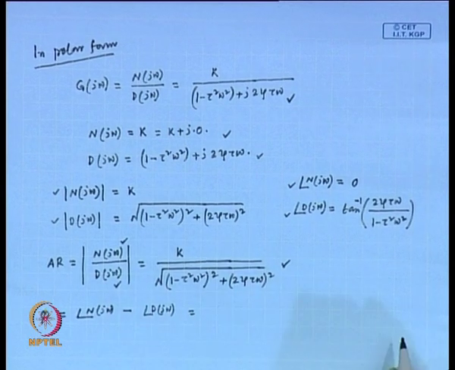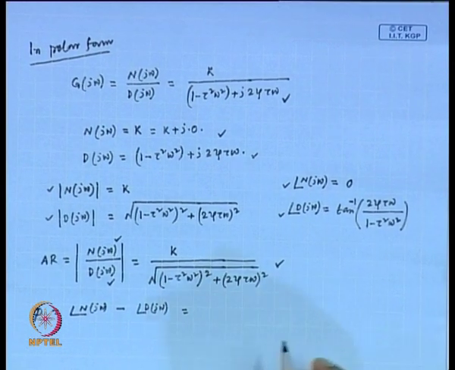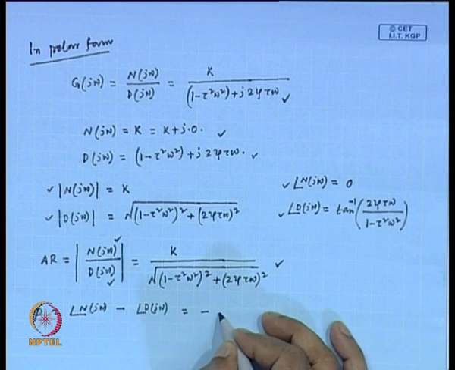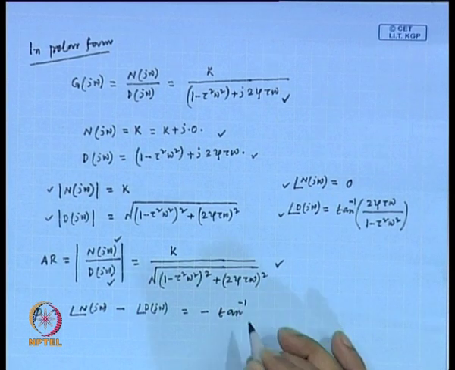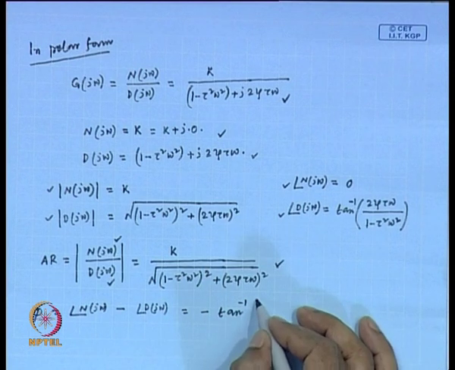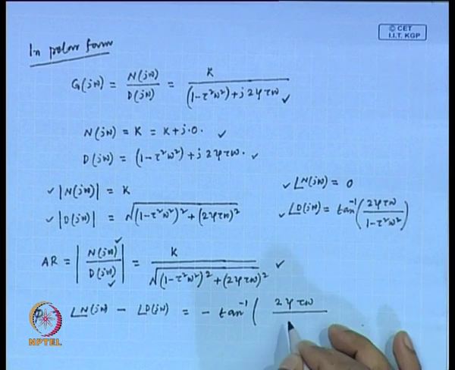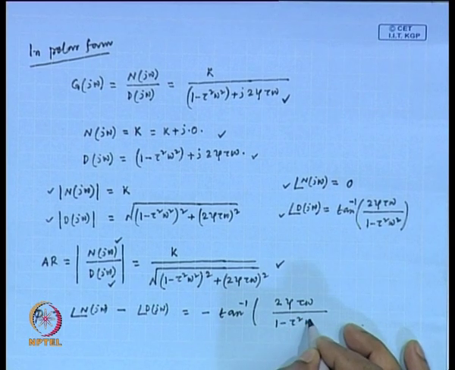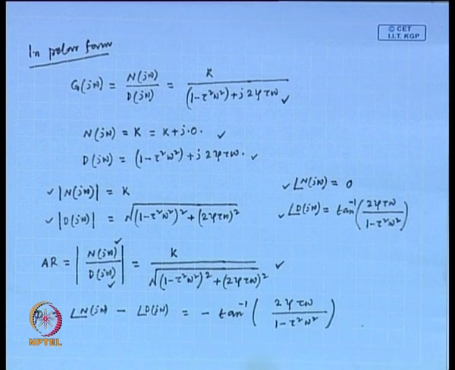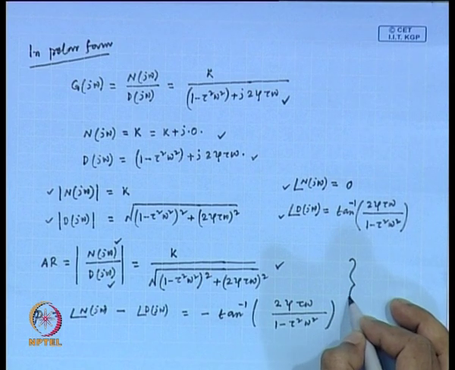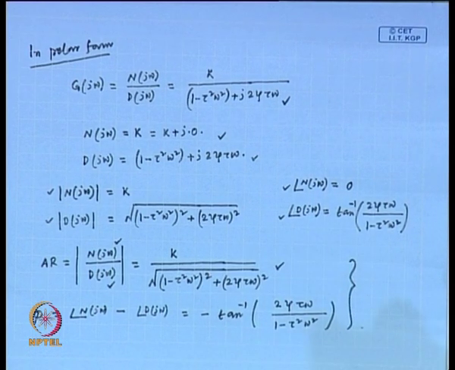If we substitute the individual arguments, then we obtain minus tan inverse of 2 zeta tau omega divided by 1 minus tau square omega square. Fine. So, these are the two expressions for amplitude ratio and phi. Similar expressions we obtained representing the frequency response transfer function in Cartesian form.